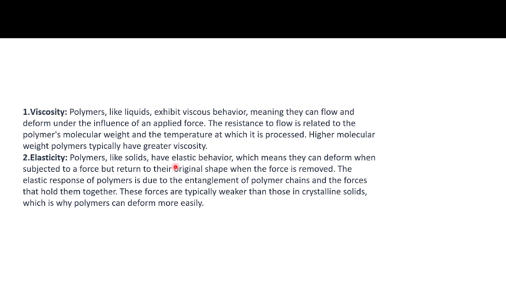Elasticity: polymers, like solids, have elastic behavior, which means they can deform under a force but return to the original shape. When you stretch a rubber, what happens? It comes back to its original position when you remove the force. That property of coming back to its original shape is called the elastic property.